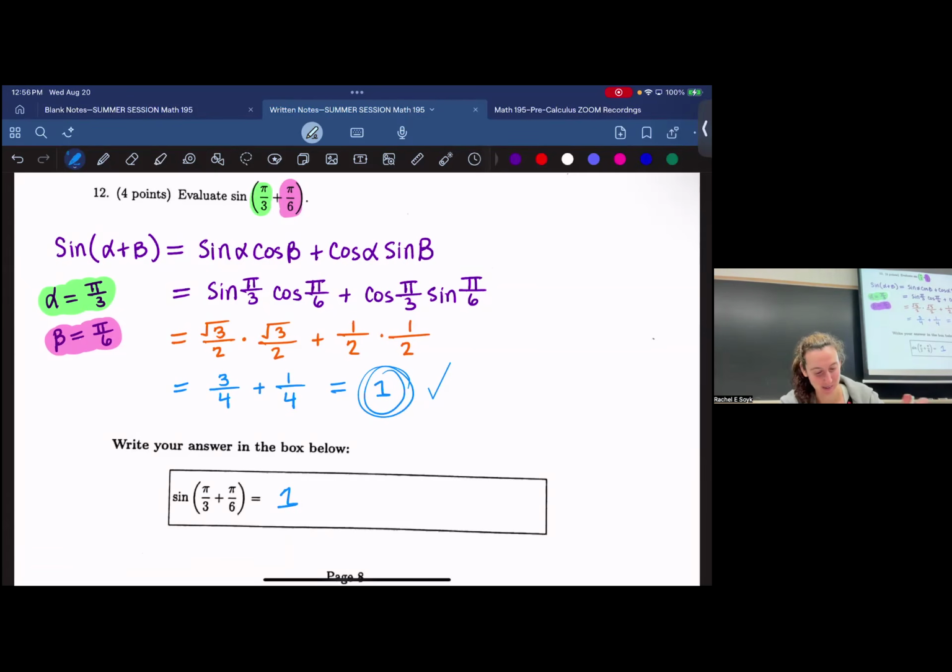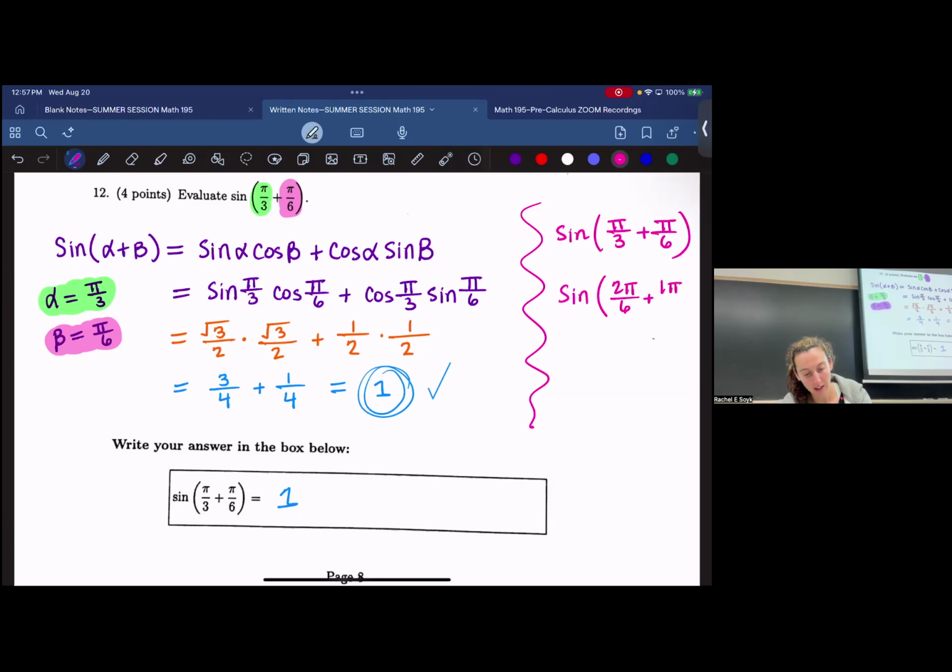Yes, question? So another way you can solve it, thanks to Adam, is much simpler. What's pi/3 plus pi/6? It's just pi/2. If you're not convinced, do the common denominators, and you get 2 pi/6 plus 1 pi/6 to give you 3 pi/6, which is once again pi/2.